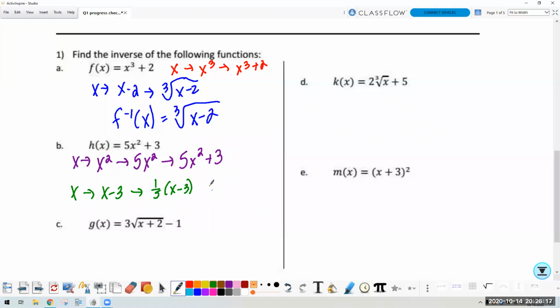To undo squared, I'm going to square root. So my final h inverse of x, you have to write your equation as an equation with the inverse symbol, is the square root of 1/5 times x minus 3.